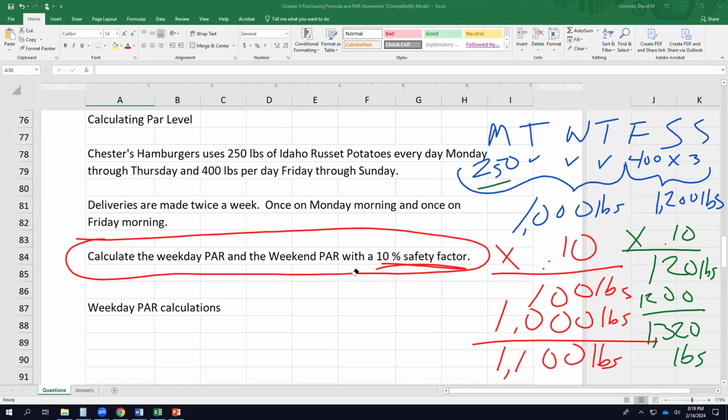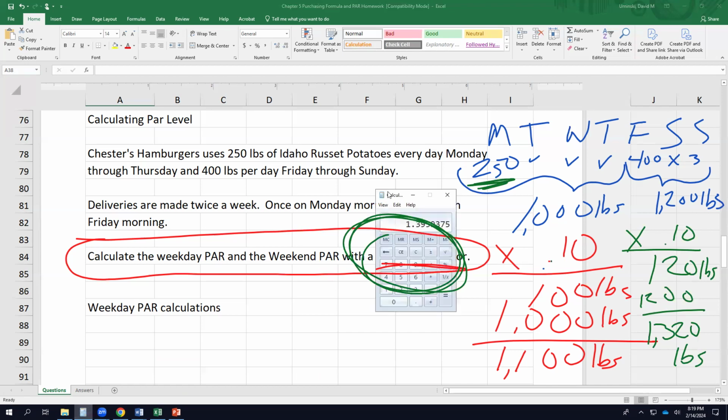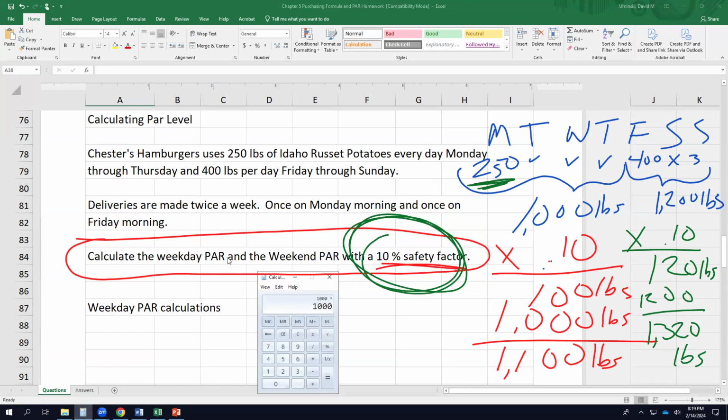So 250 pounds, times 10%. Yes. So 1,000, and this is our 10% right here, our 10% safety factor. So 1,000 times 0.10.